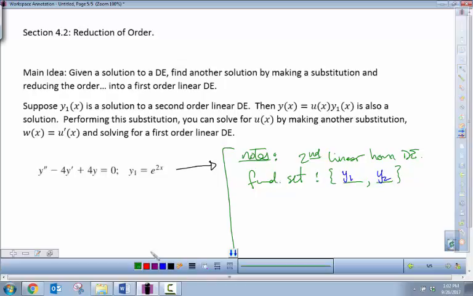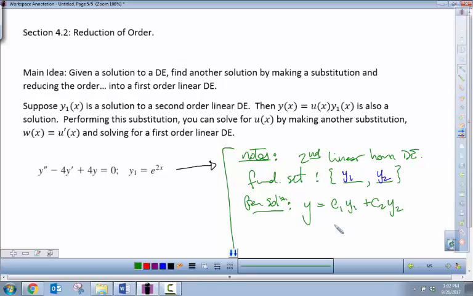And then in the end, our general solution would be y equals c1 times y1 of x plus c2 times y2. Okay? We don't need to find a particular solution because this is not a non-homogeneous differential equation.